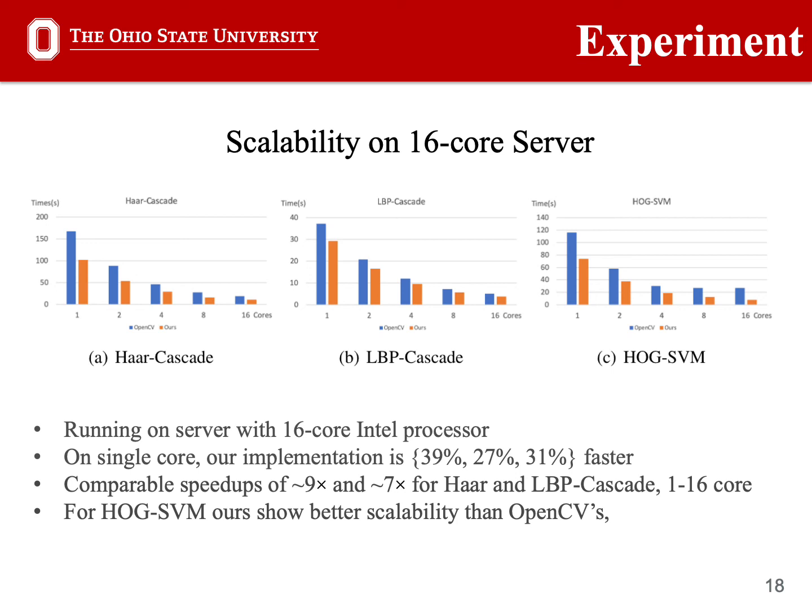From 1 to 16 cores, for Haar and LBP-based detection, our implementation demonstrates a speed up of 9 times and 7 times, which is comparable with OpenCV's. For the HOG SVM detection, our implementation shows better scalability than OpenCV's. This advantage mainly comes from the good scalability and locality of reduction object paradigm.